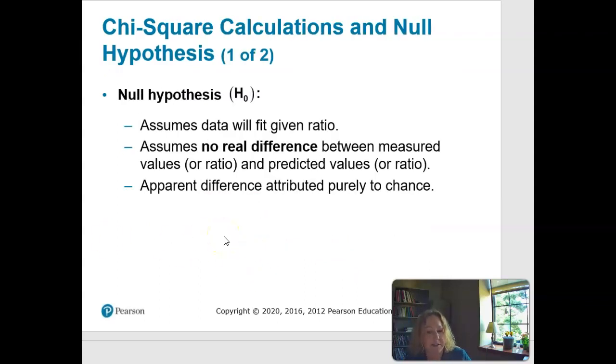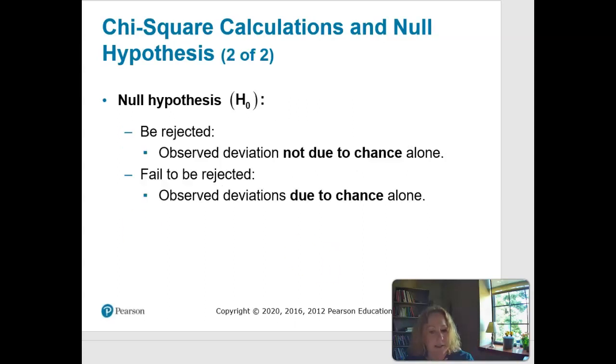So your null hypothesis assumes data will give a certain fit, assumes no real difference between measured values and predicted values, and the difference is attributed purely to chance. So the null hypothesis would be rejected if observation deviation is not due to chance. So you want your null hypothesis to be rejected.